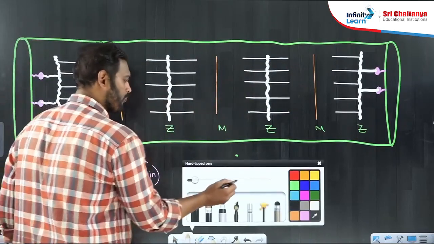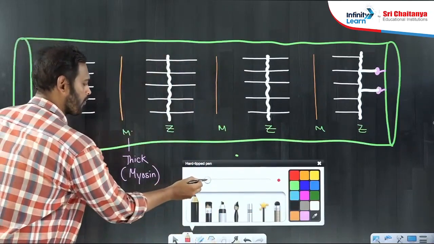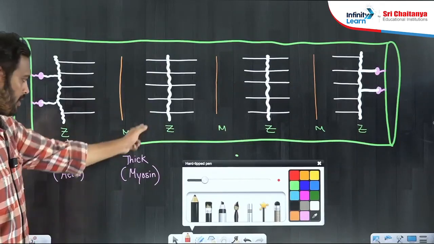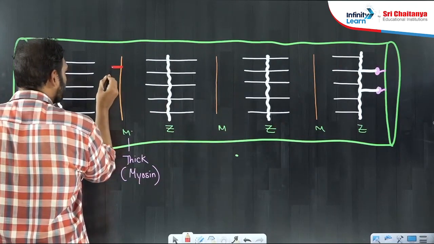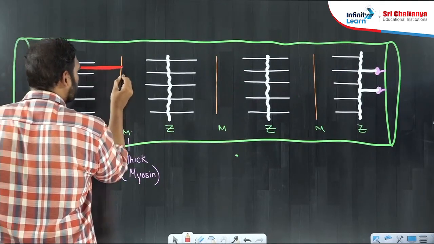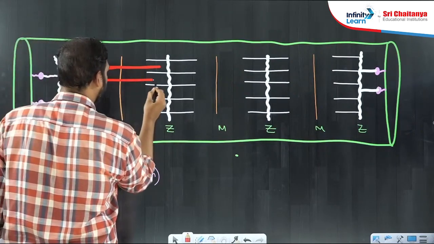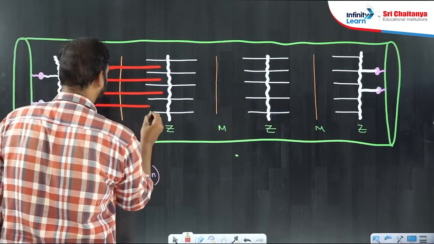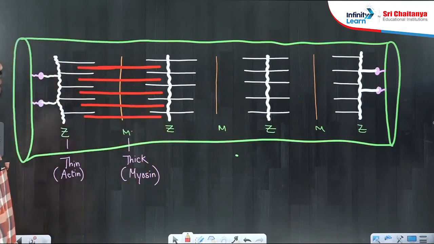Now comes thick filaments. Increase thickness. As I told you, thick filaments are attached to M lines only. So a part of thick filament was free and not overlapped, whereas some parts are actually overlapped with thin filaments also.